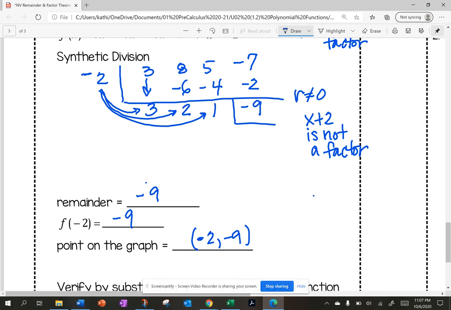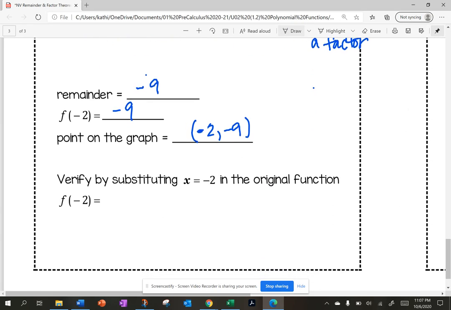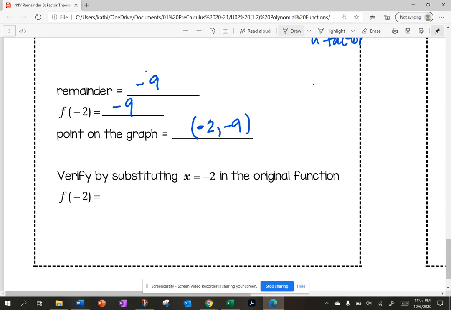I can verify this by substituting in my original function and evaluating at x equals -2. So f at -2 would be 3 times -2 cubed plus 8 times -2 squared plus 5 times -2 minus 7.